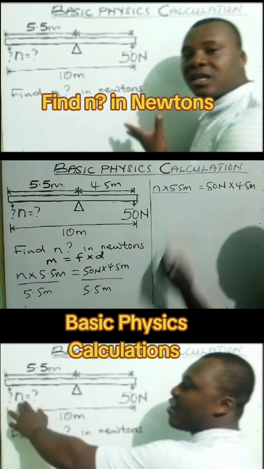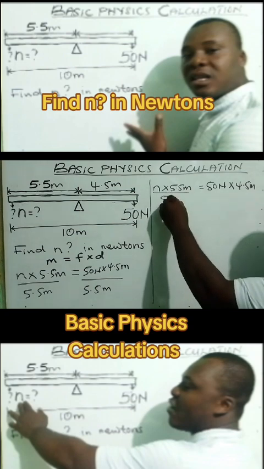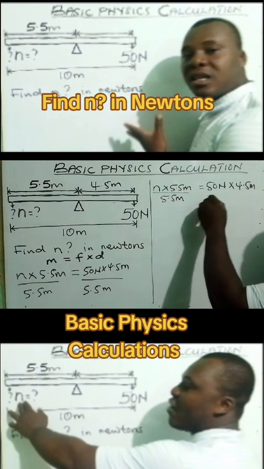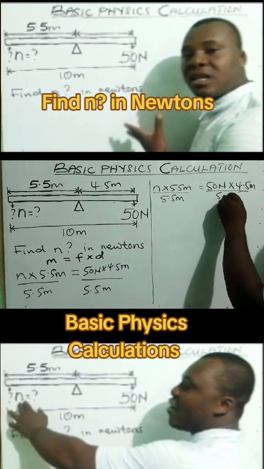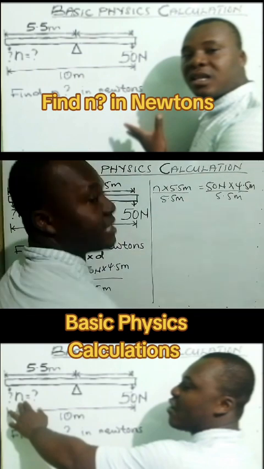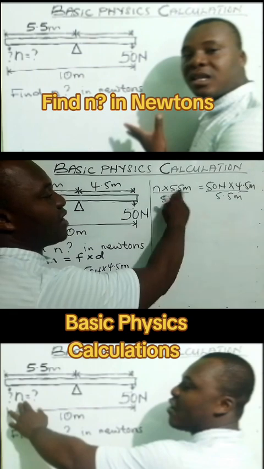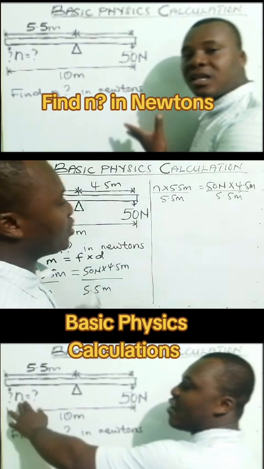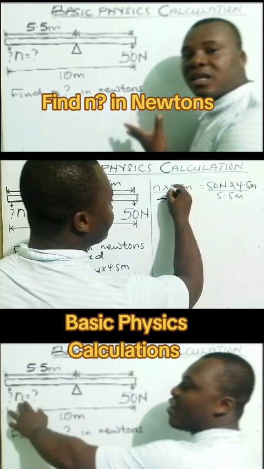Now we divide both sides by 5.5 meters. When you get here, we see 5.5 meters and 5.5 meters here, so you cancel.